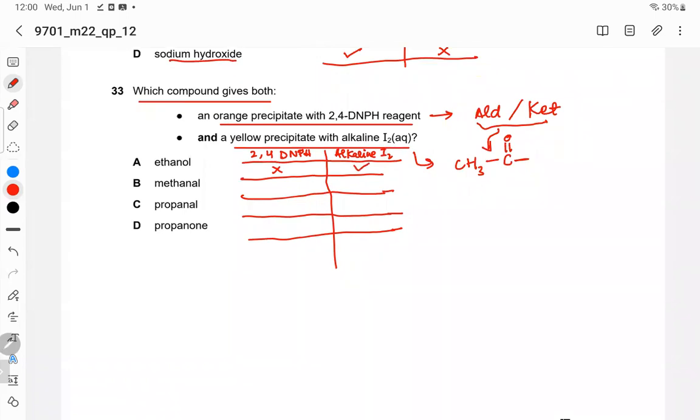But they are asking about the one which gives both.